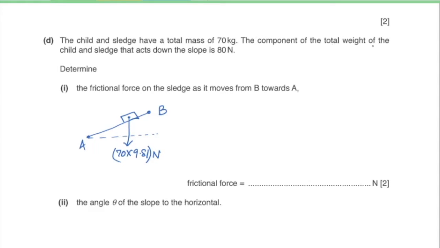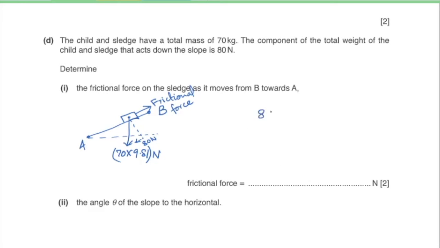It says that the component of the total weight of this child and sledge that acts down the slope, that component they are talking about is this one. So this is 80 newtons. It is moving downwards from B towards A. That means frictional force acts upwards. This is the frictional force. Since the sledge is able to accelerate, the force that's driving it down is bigger than the frictional force.